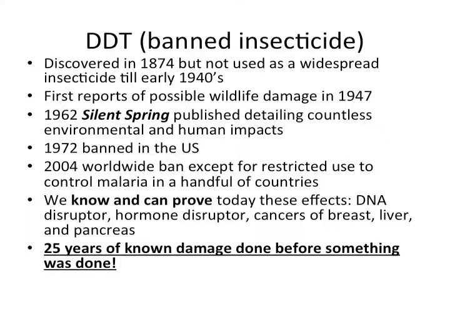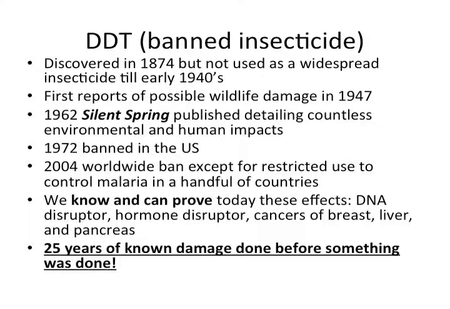It took 10 more years for the U.S. government to ban the substance. In 2004, there was a worldwide ban in all countries except for a couple that use it for malaria control.